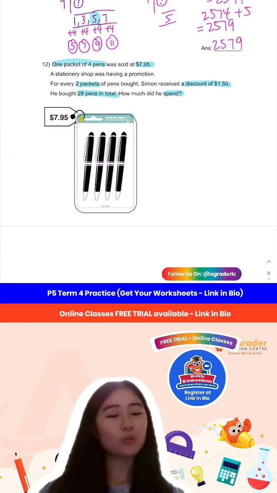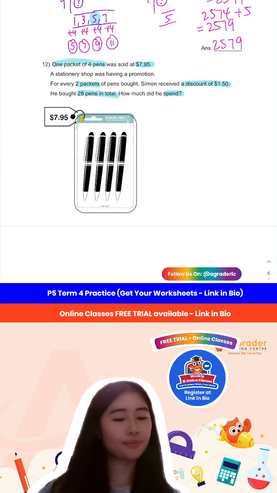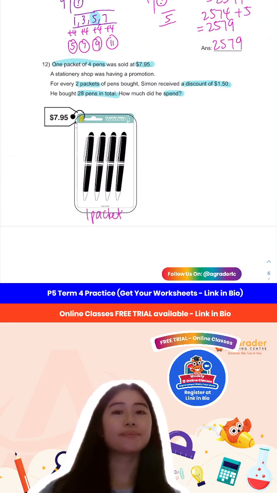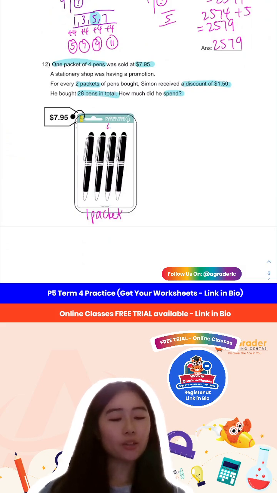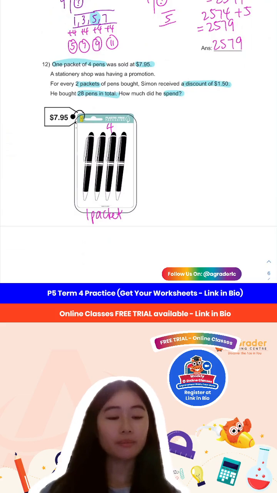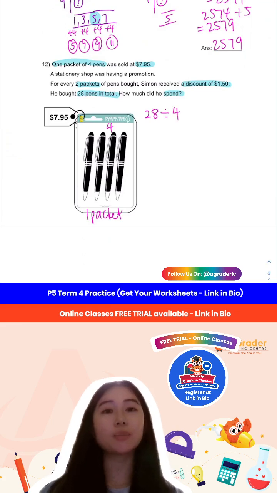Okay, so let's go through this. So this is 1 packet. I'm going to label it first, 1 packet. One packet has 4 pens, right? So if he bought 28 pens, then you can find out how many packets he bought. So I'm going to use 28 pens divided by 4 pens per packet.